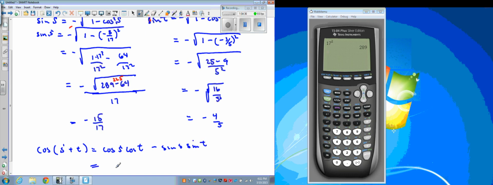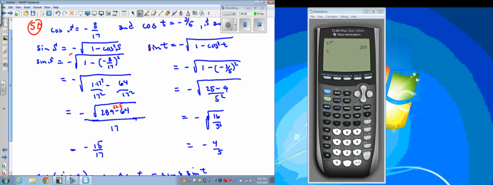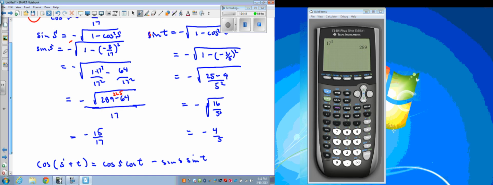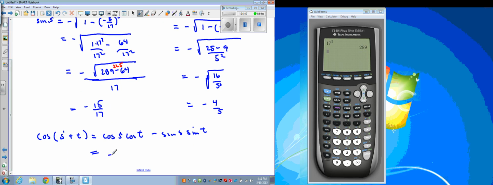Cosine s is minus 8/17, cosine t is minus 3/5, right? Minus 8/17 times a minus 3/5. Then minus, and then it's these two times each other. Minus 15/17 times a minus 4/5.